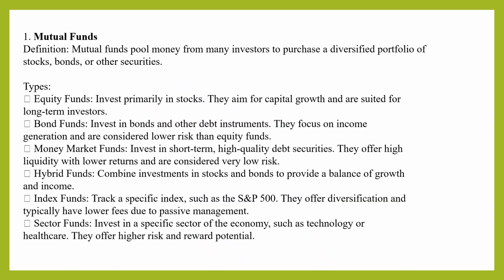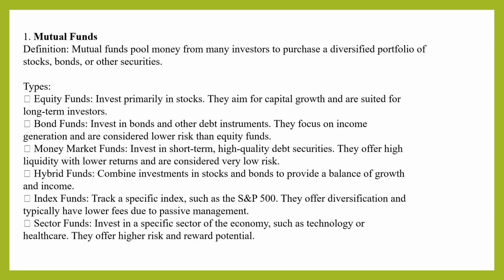Pooling of money means taking money from the investors, and an institution like a bank or a company plays the mediator, pooling out money from the investors and investing in the market. That is the concept of a pool of money. So a mutual fund is defined as a pool of money from many investors to purchase a diversified portfolio of stocks, bonds, or other securities.